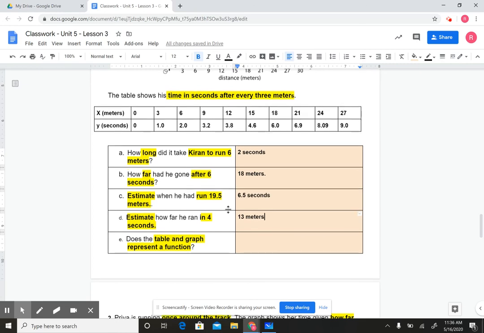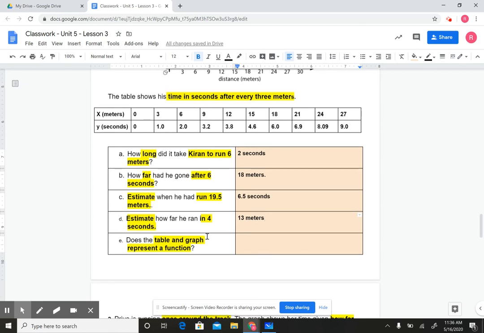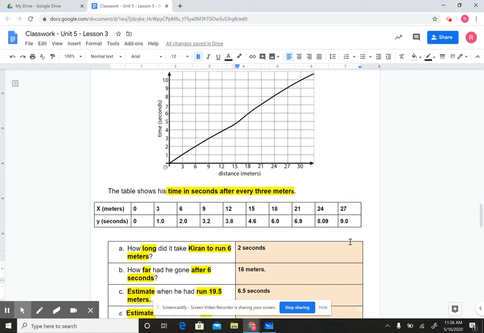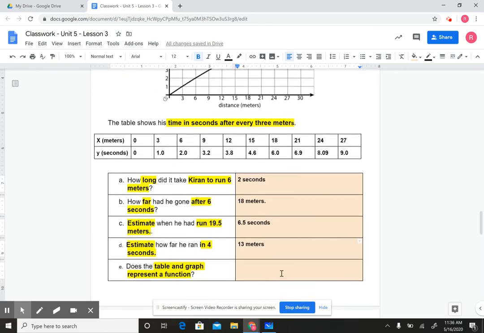Now, the next question, does the table and graph represent a function? Since x is meters, you don't see the meters repeat, so for every input, there would be one output. So you would say yes. For every input, there is one output. Okay.